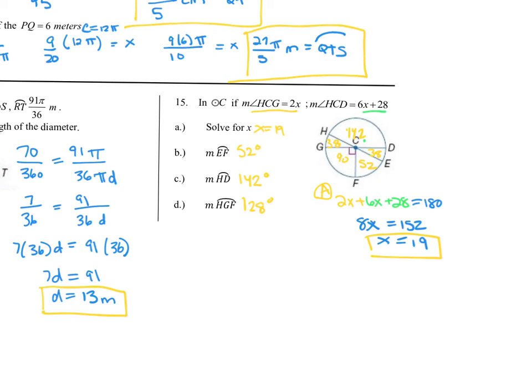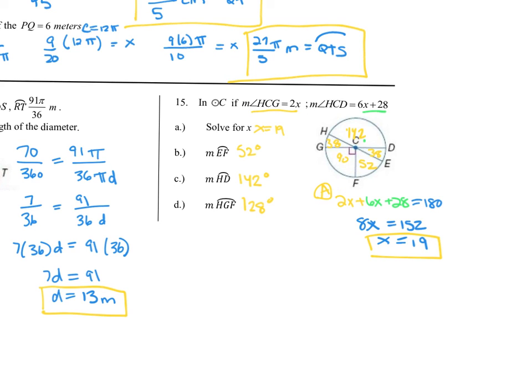Not only are they vertical angles, this and this must be a linear pair. And then if this was given to me at 90, and I know that this one is 38, I know this one has to be 52, so that this would equal 180.